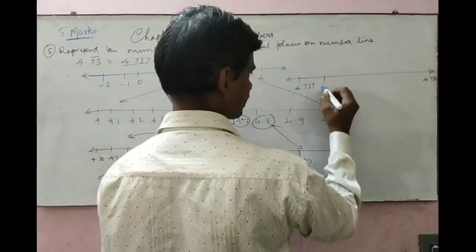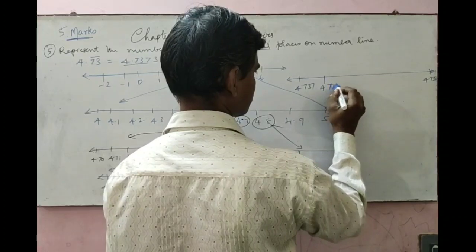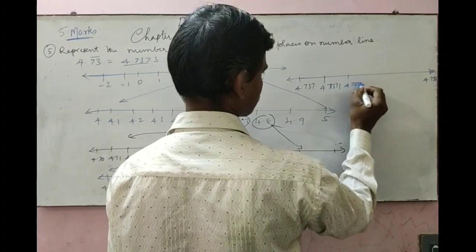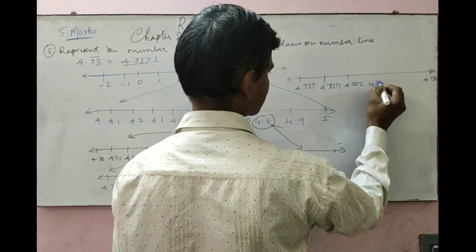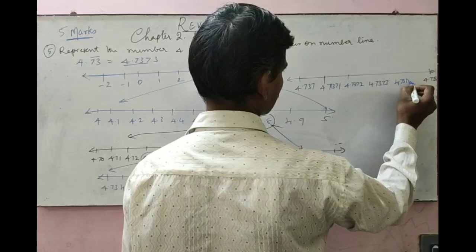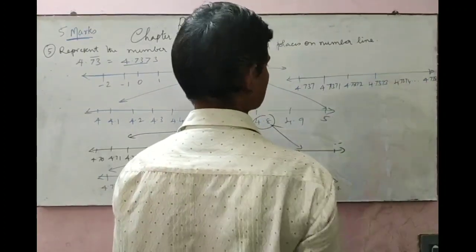In between I am going to write 4.7371, 4.7372, 4.7373, 4.7374, like that it goes up to 4.7380.